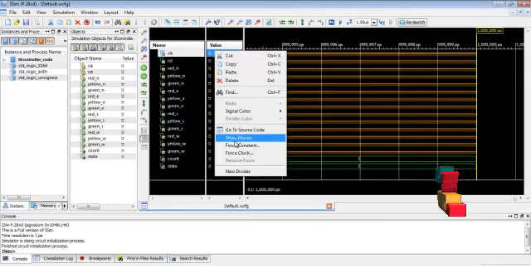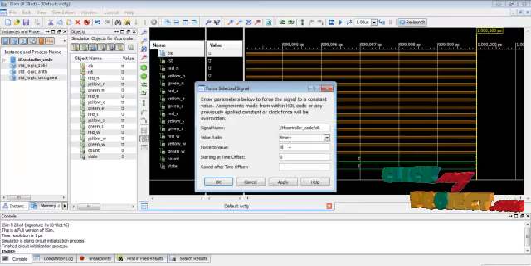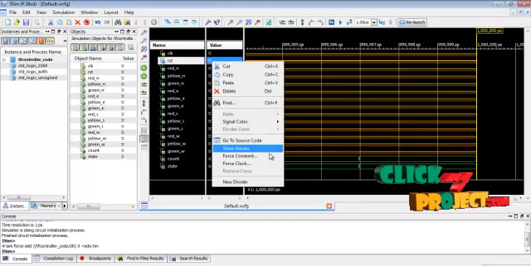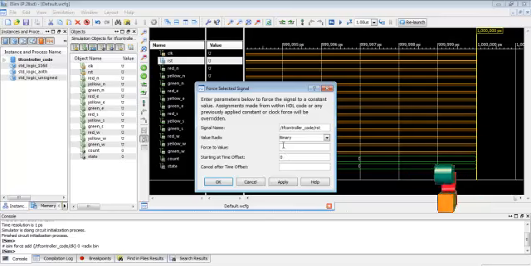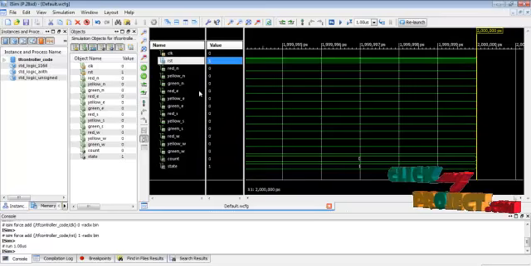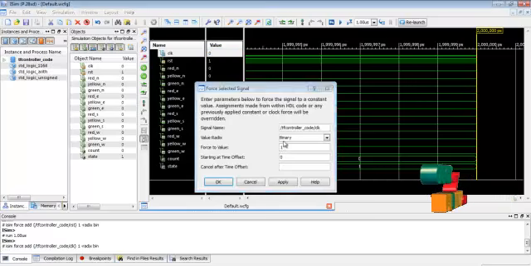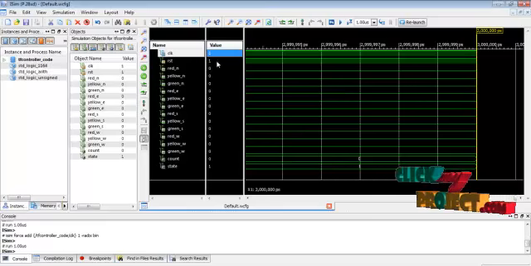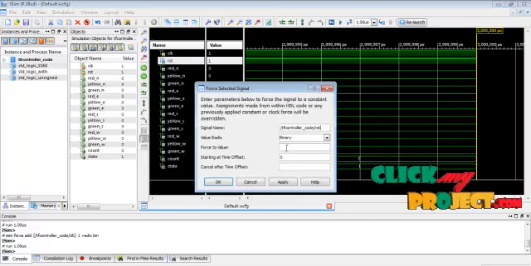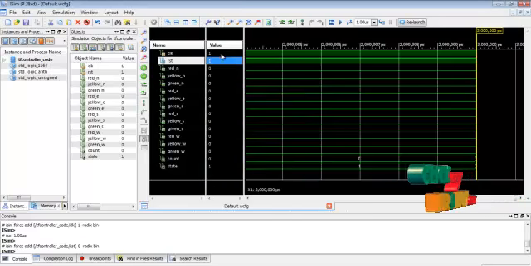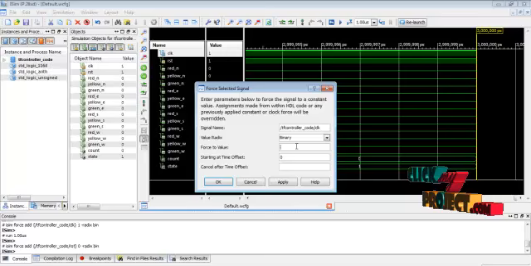Then we apply the clock and reset function for the overall architecture. The reset function sets all outputs to 0. Then we deactivate the reset and apply the clocking functions.